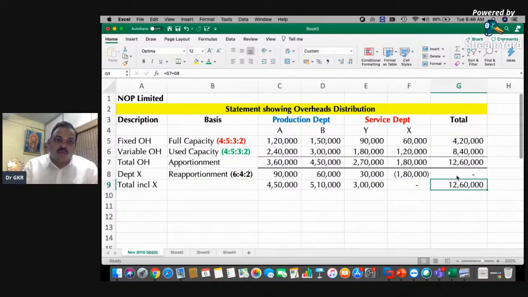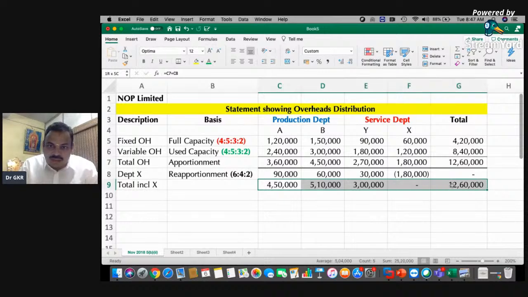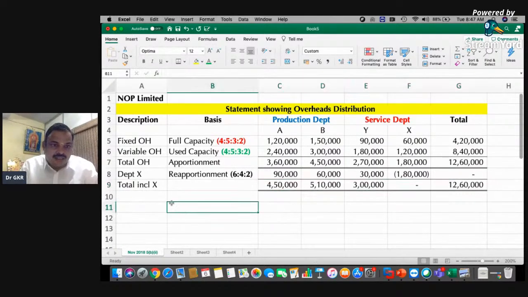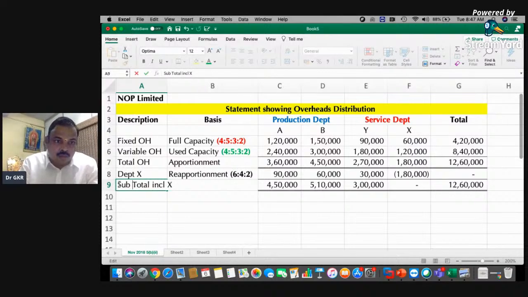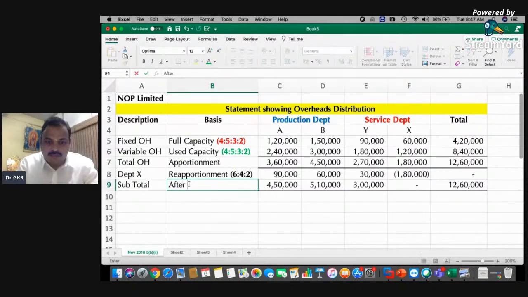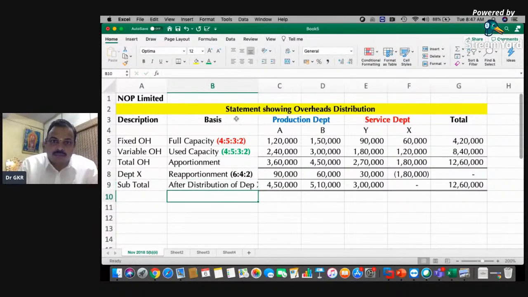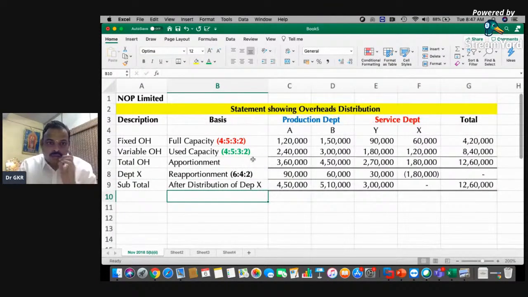So in redistribution, you don't do anything. So this is redistribution. Subtotal after distribution of department X.